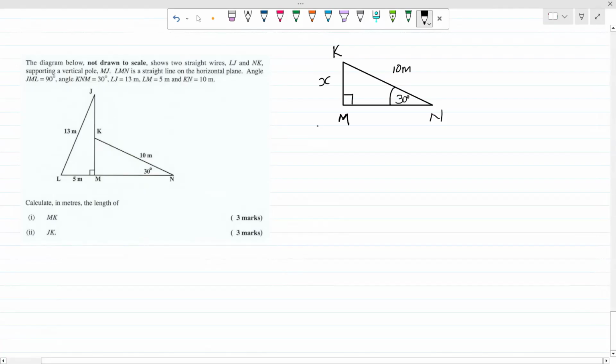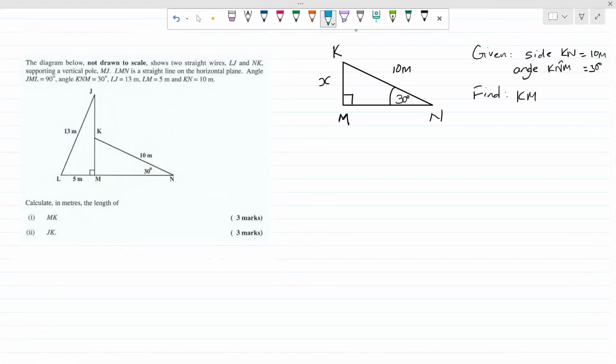What do we have here? We have a side, KN, and it's 10 meters. We have an angle, KNM, and it is 30 degrees. We want to find KM, and based on our knowledge of trig ratios, this is the side opposite the angle, so this is our opposite.